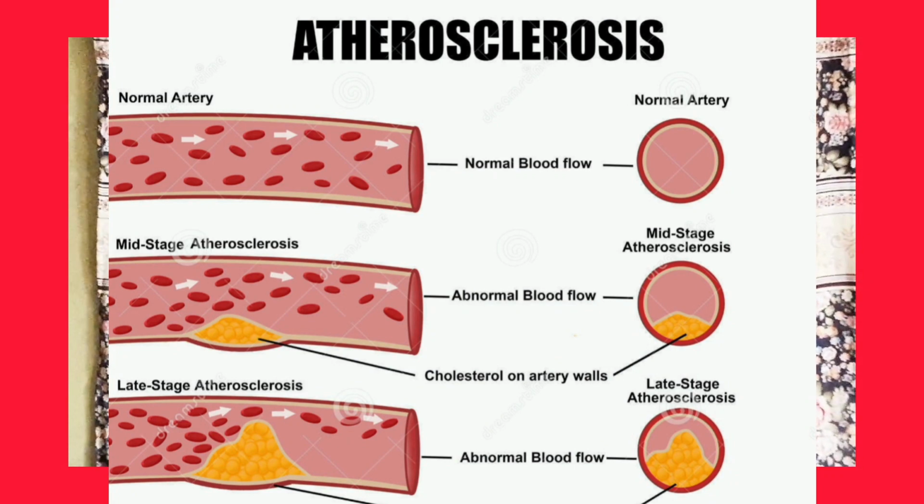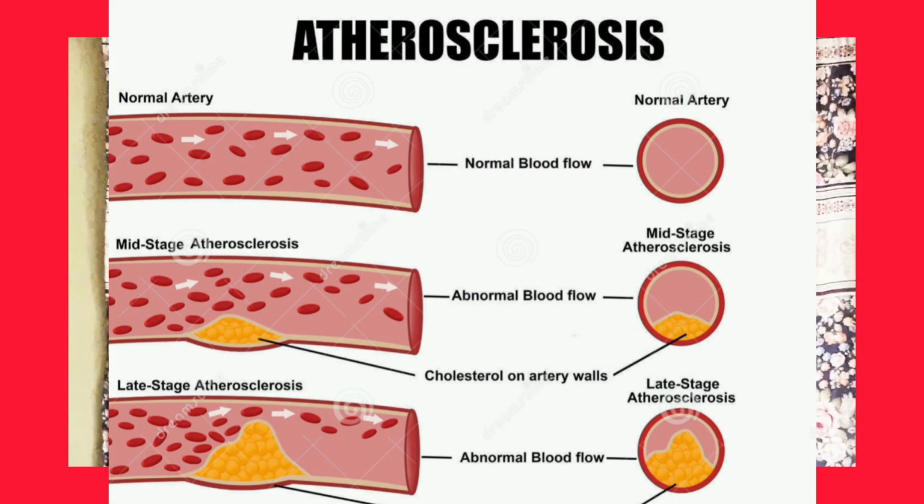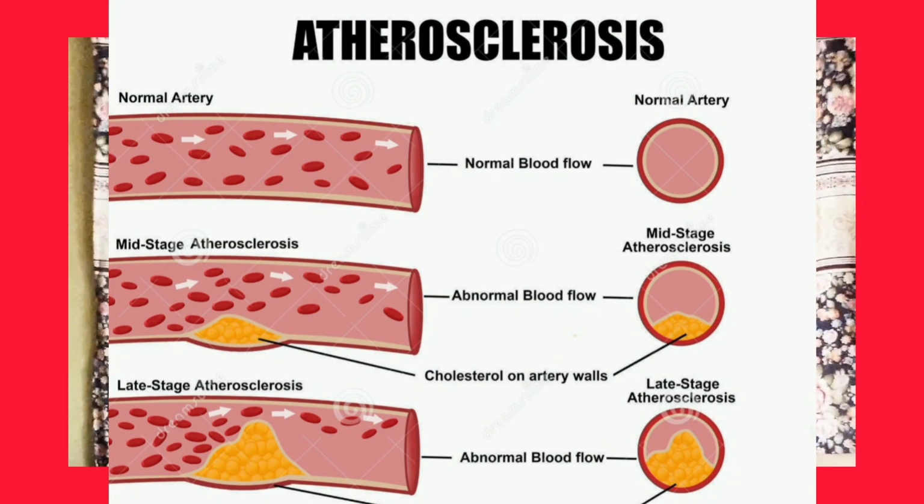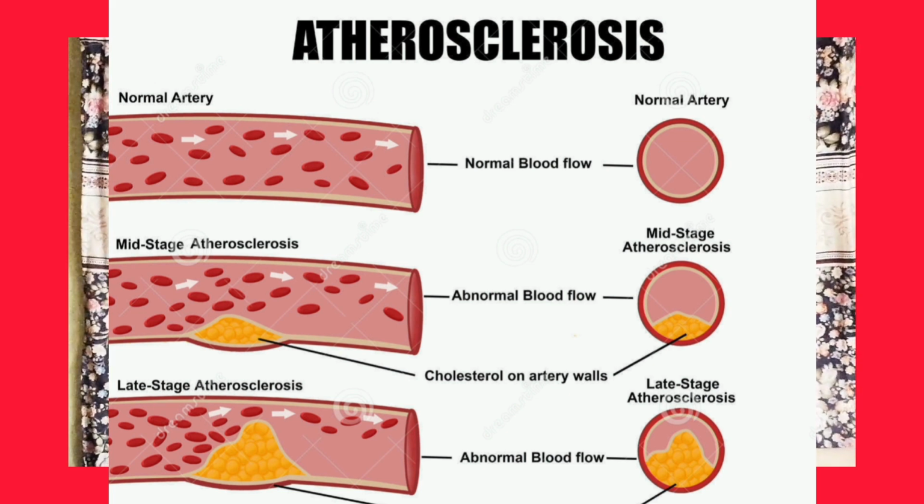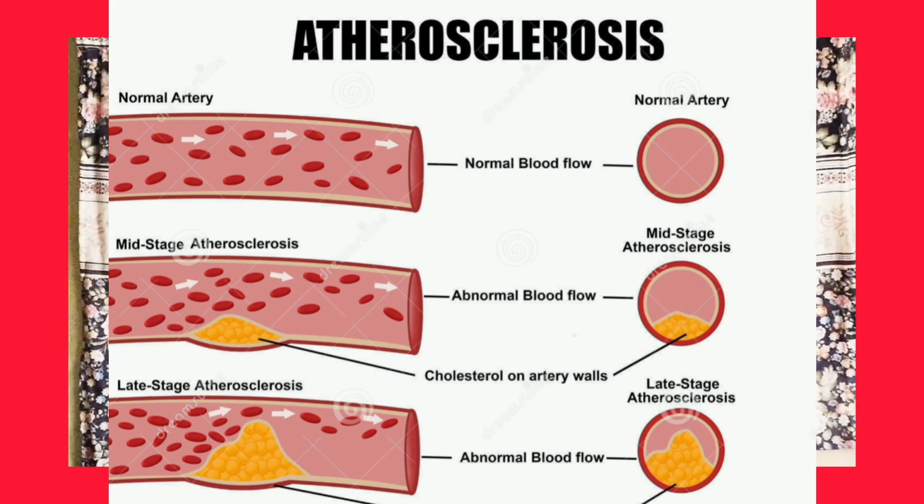But when it starts storing it on the walls of the arteries, the vessels where blood is being transported, then there is a narrowing of that artery. So it now backfires on the heart and makes the heart work extra hard.